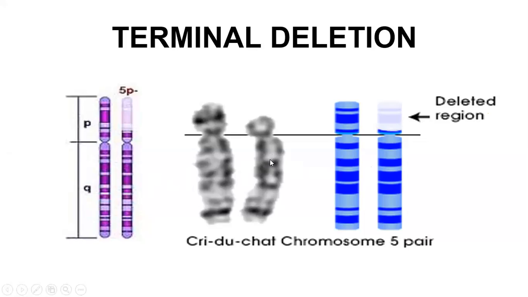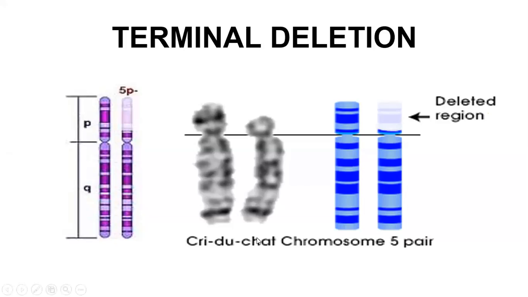The actual picture looks like this. This part is deleted. A human being with such a deleted chromosome portion has a disease or syndrome called cri-du-chat, because when this individual is born, whether he or she, whoever it is, has a cat-like cry.